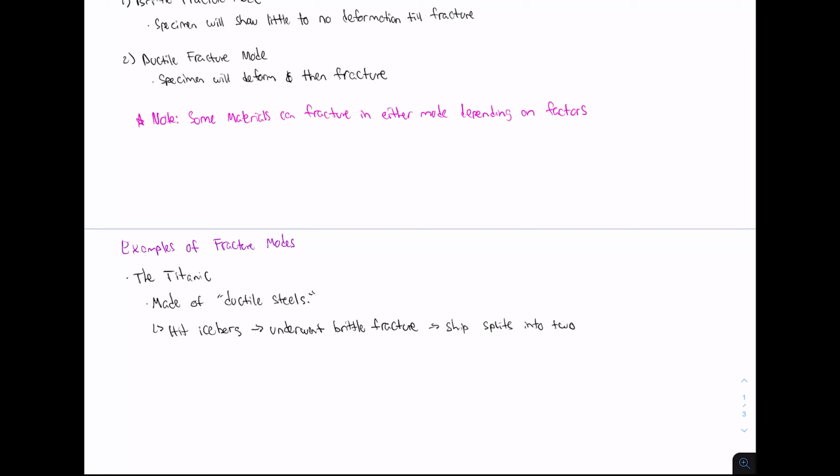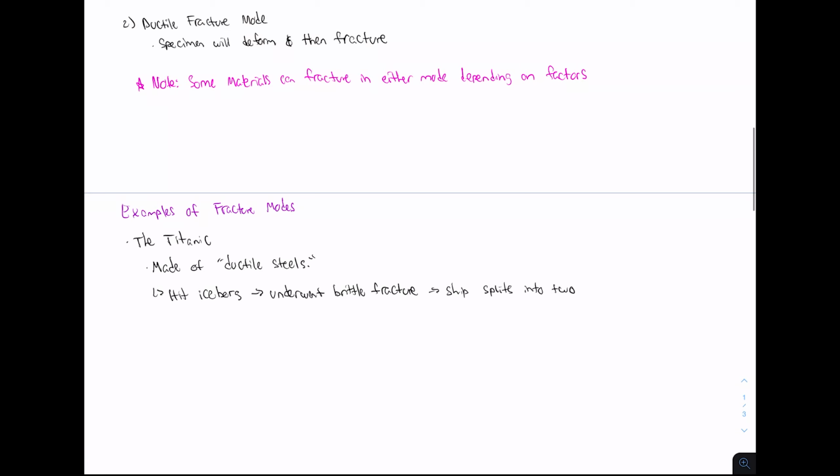Obviously, it was around icebergs. So this cold temperature that the steel was in changed its material properties to where it is going to act as a brittle material, even though it was made of, as we would typically think of it, ductile steel. So the fracture mode that it went under was a brittle fracture mode because it split into two.